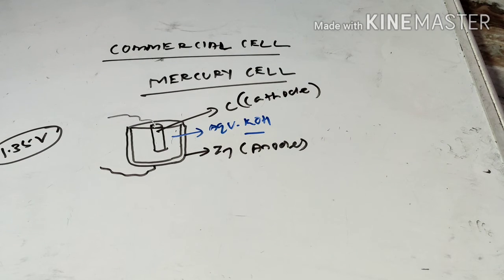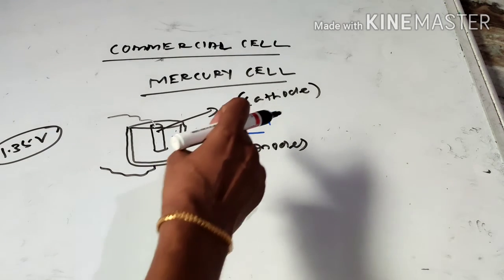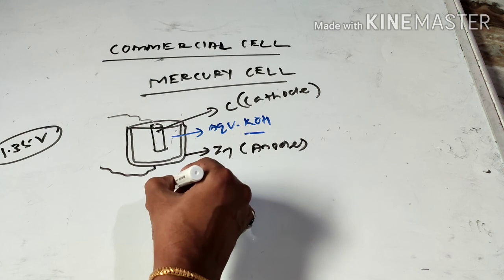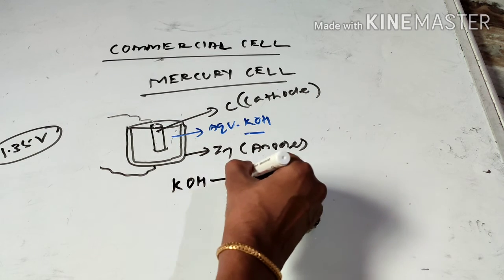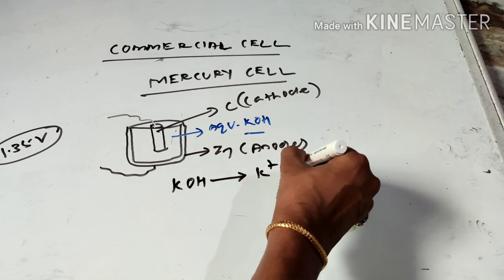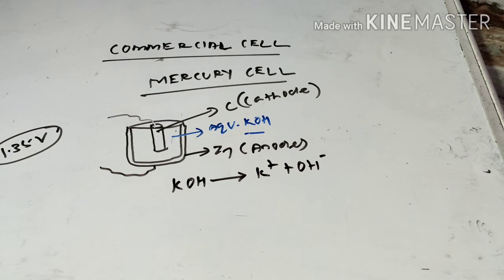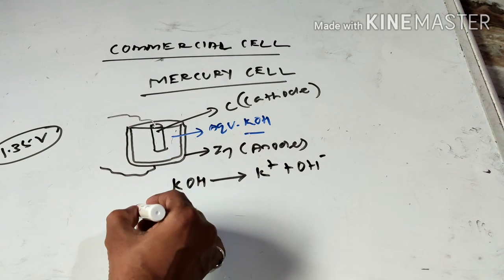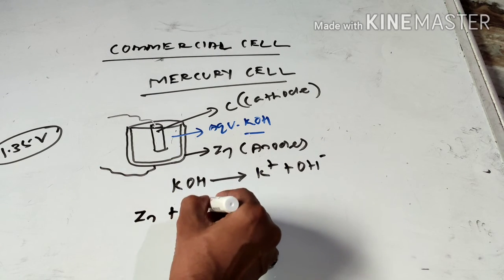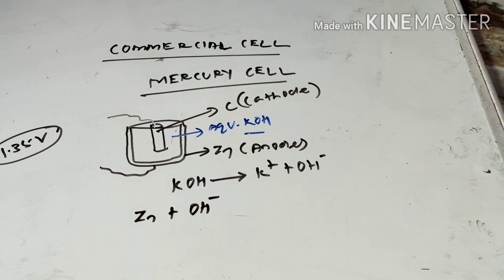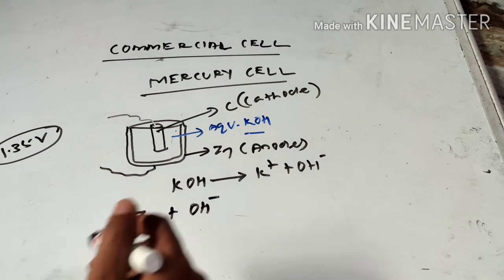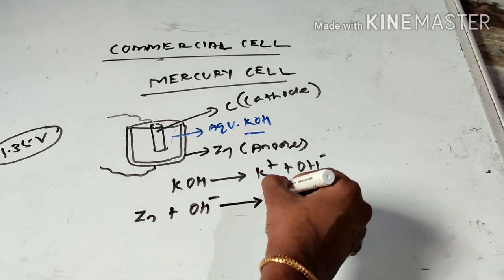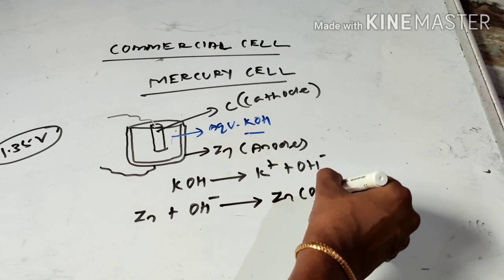So first of all, when this aqueous KOH is ionized, since water is also there, it gives K+ and OH-. Now the zinc starts to react with the OH- and is converted to zinc hydroxide.